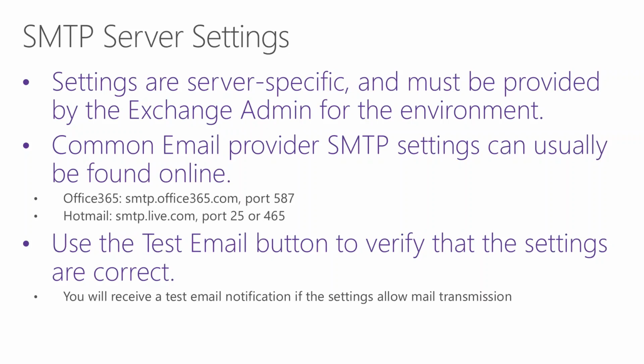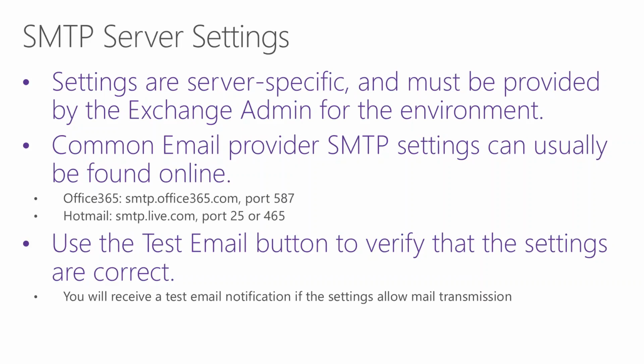The SMTP server settings: we looked at the window for that when we first went to our demo environment. Those settings are server specific, and they must be provided by the Exchange admin for your environment. I mentioned the IT people might help, or Exchange admins if you have a separate group that does that.